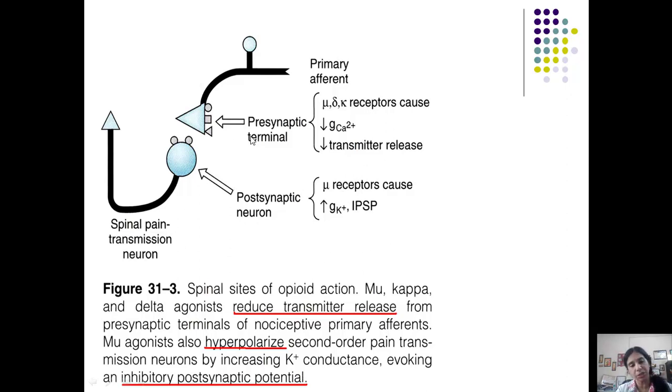So the pain transmission is terribly interfered with by the opioids, both at the level of primary afferents as well as the second order pain transmission neurons. So this is the mechanism of action of the opioids.